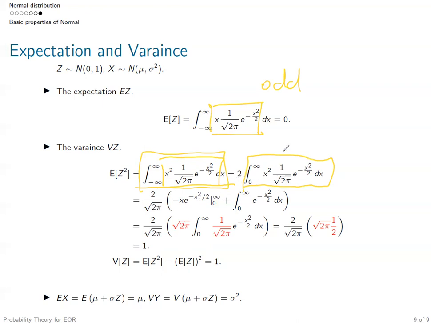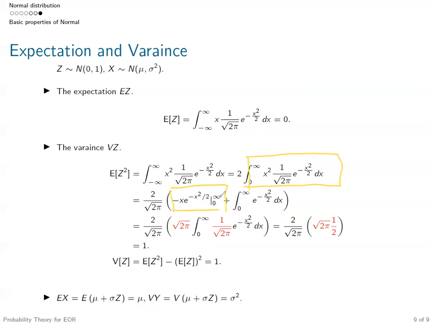So it's 2 times this integral. To calculate this one, first we make use of integration by parts. This is the result we have. If you plug in 0 here, it's basically 0. If you plug in infinity here, then the exponential to negative infinity is essentially equal to 0, right? So the first part is gone.